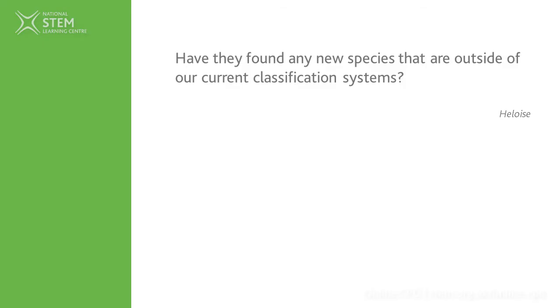Another question that came in about the classification course is from Louise, and it was asking about any new species that have been found outside of our classification system. This one is one that I think we need to throw open wider, because I'm not sure that I know the answer.